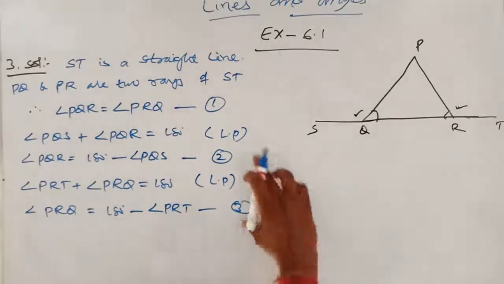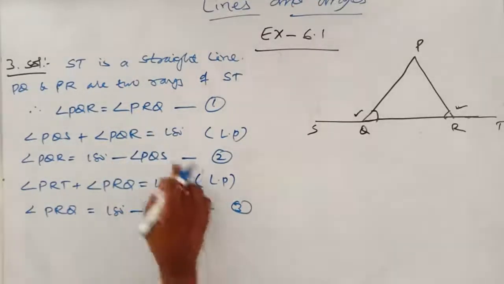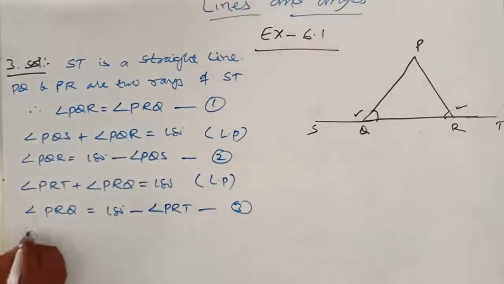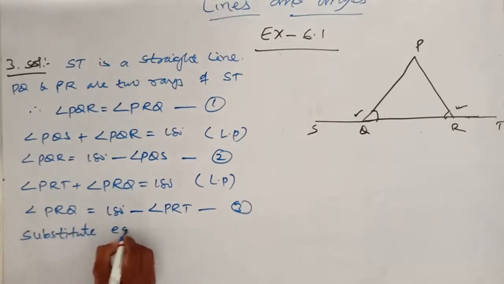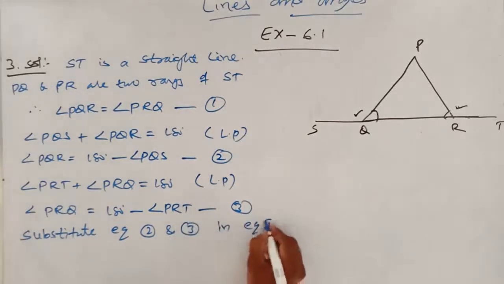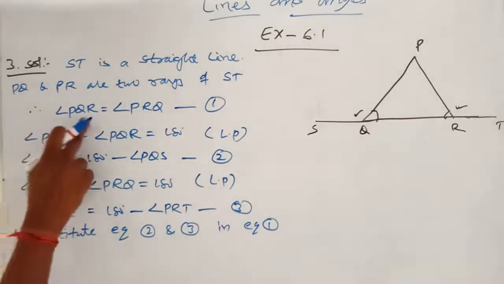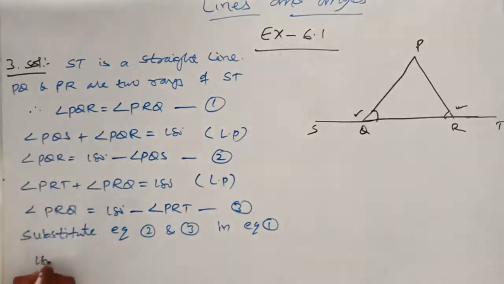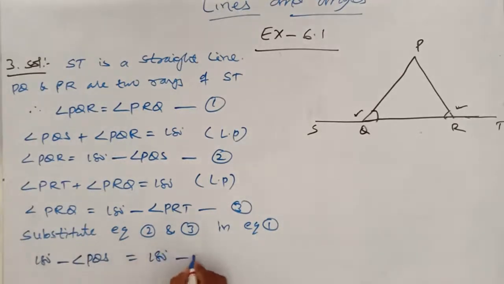So substitute equations 2 and 3 in equation 1, because I know the PRQ value and also the PQR value. Now the PQR value is 180 minus angle PQS, equal to the PRQ value, 180 minus angle PRT.